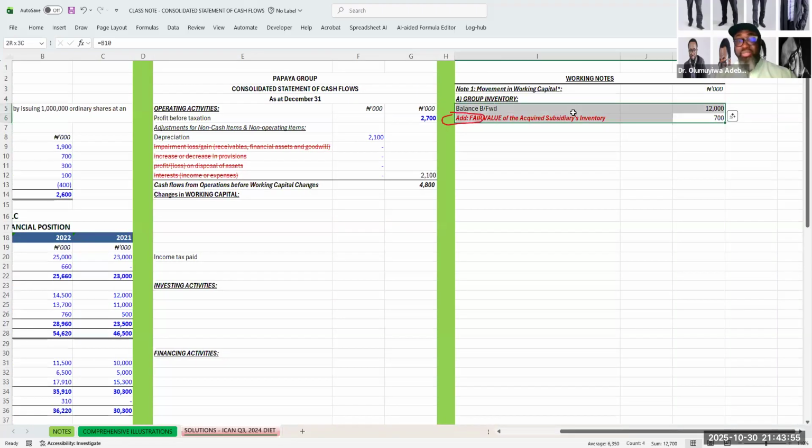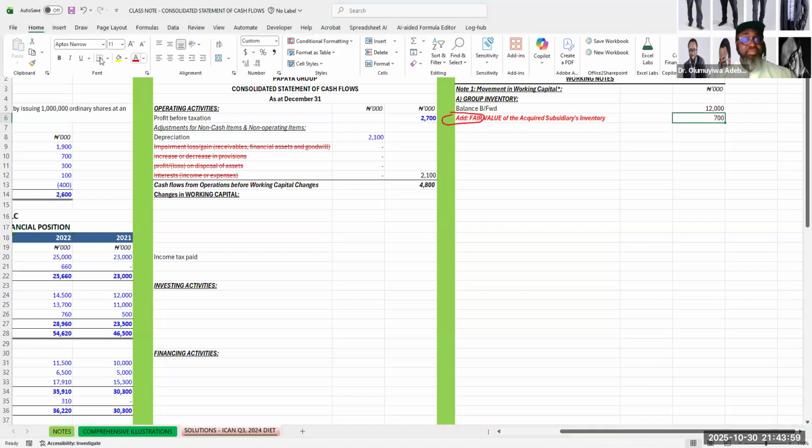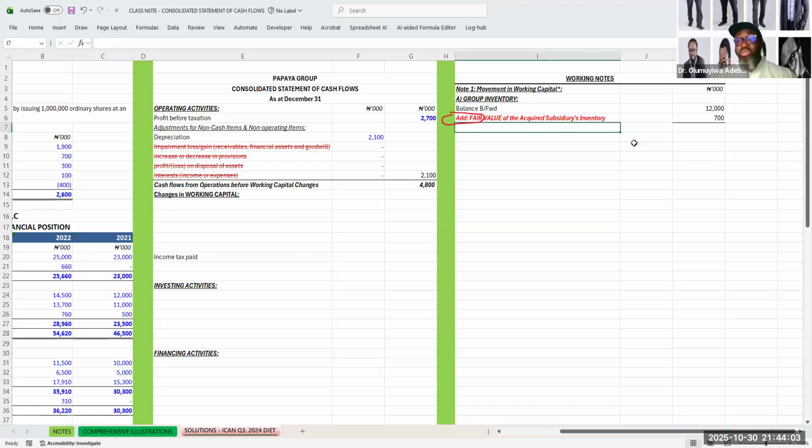And on that premise, I add that. And all things being equal, this is my expected value, or let me call it expected balance at year end.